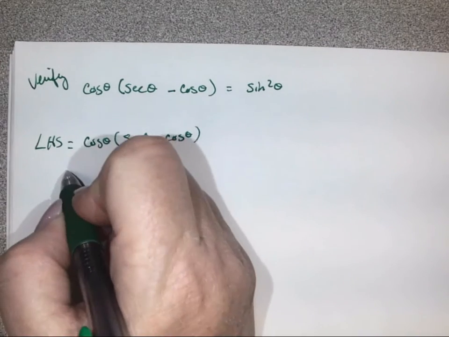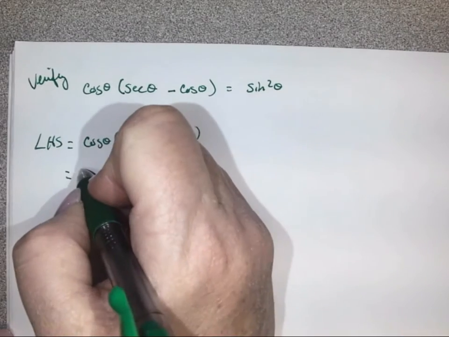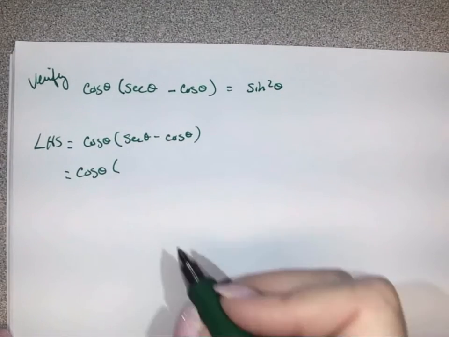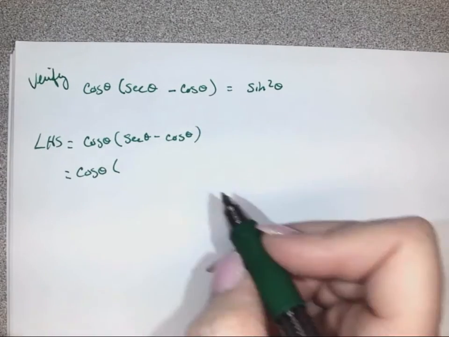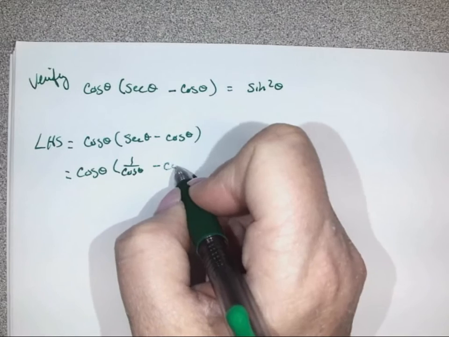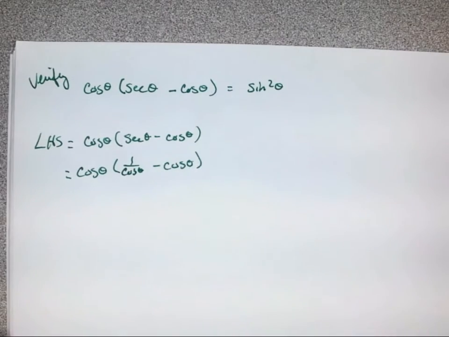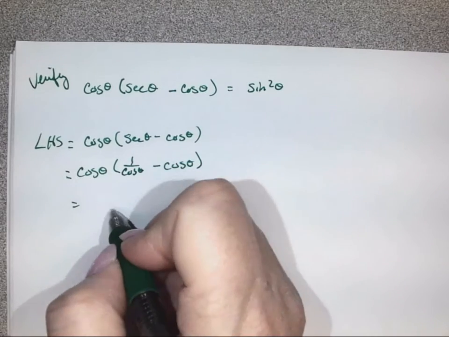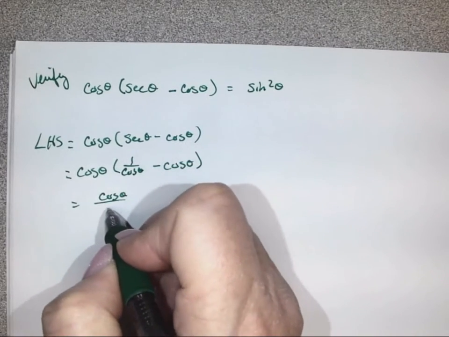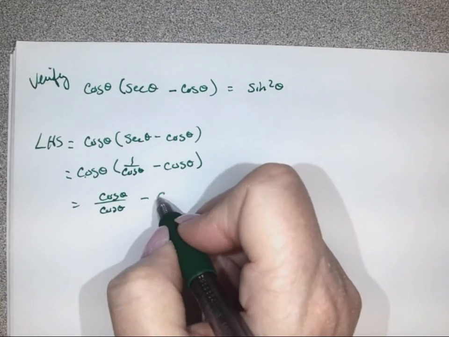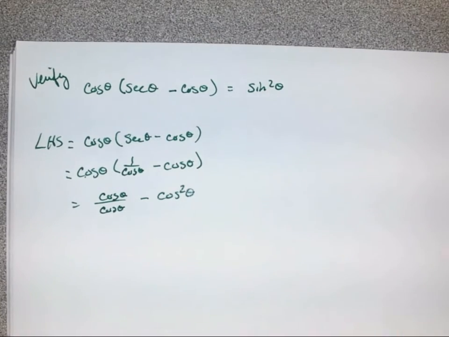Now we'll write it in terms of cosine and sine. So secant theta goes with its reciprocal identity of cosine. So it'll be 1 over cosine theta minus cosine theta. Now let's distribute. So we'll have cosine theta times 1 over cosine theta, minus cosine theta times cosine theta, which will get us cosine squared theta.